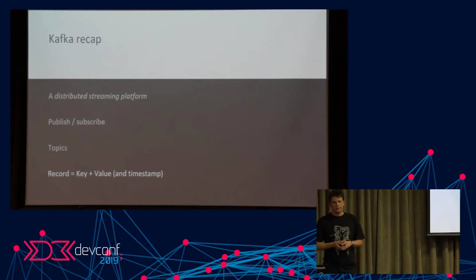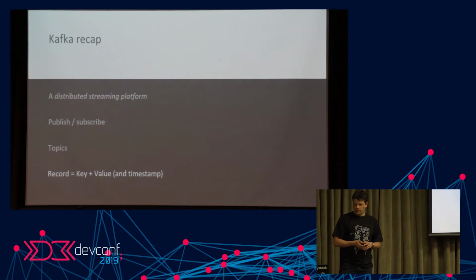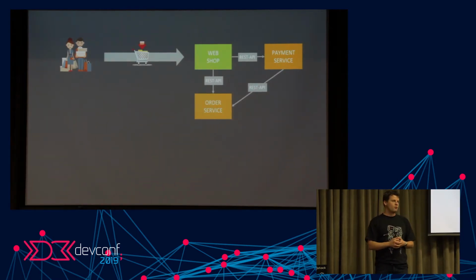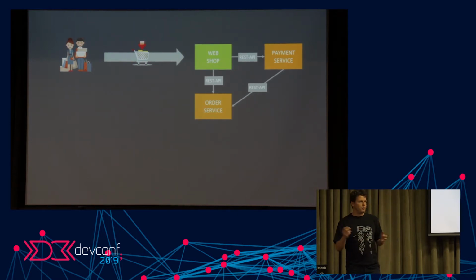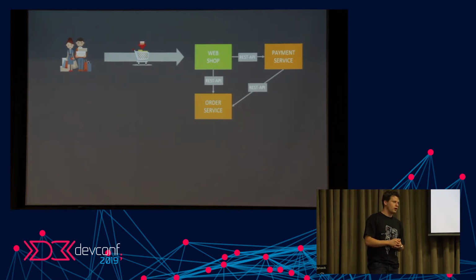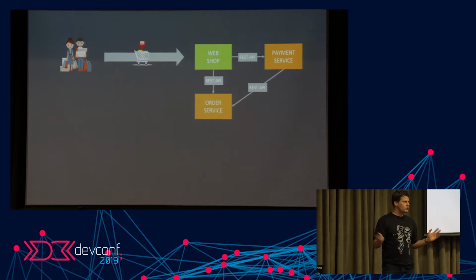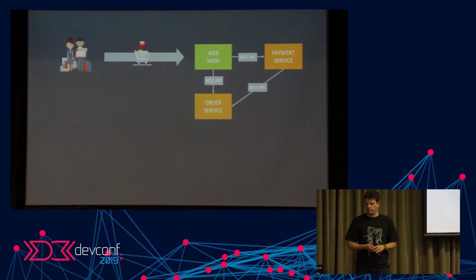So I created a little setup. So let's introduce that first. It's a hypothetical thing, but let's say we have a web shop, and we do have a kind of microservices setup. So we have a payment service to handle our payments, and we have an order service to keep track of orders, and it's all tied together with REST APIs, and we're good, it's okay, but we want more.